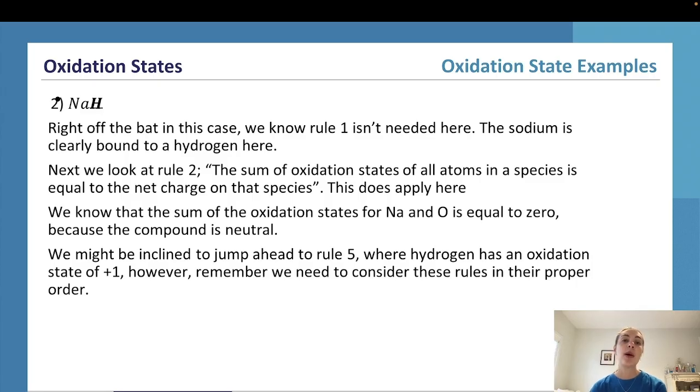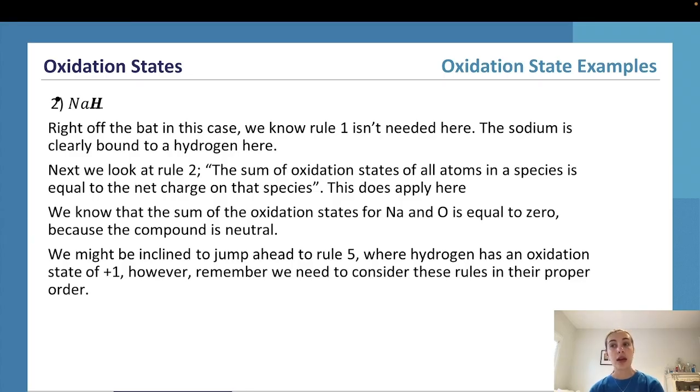So if we have +1, we have to do +1 with what is going to give us 0? So hydrogen is going to have to be -1. So we'd have +1 for the sodium and -1 for the hydrogen as the oxidation states.